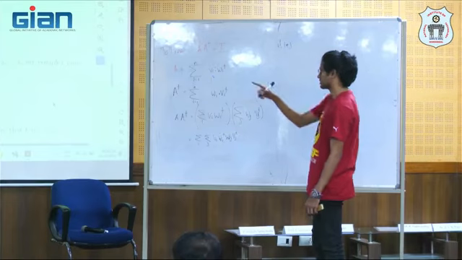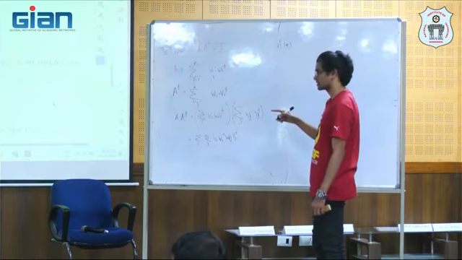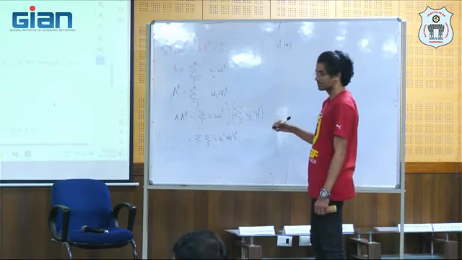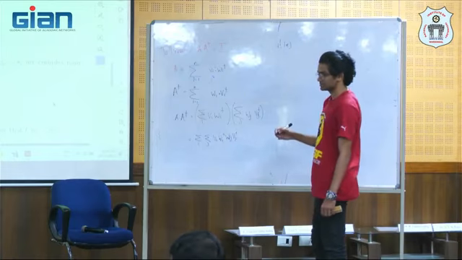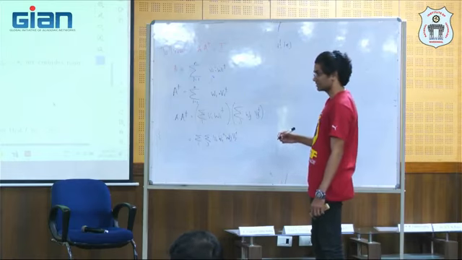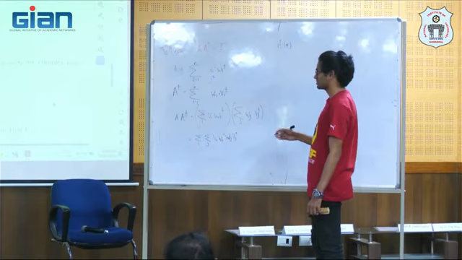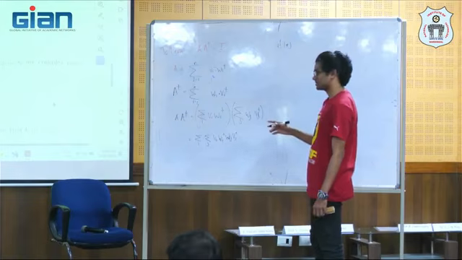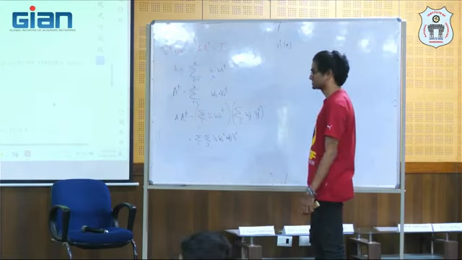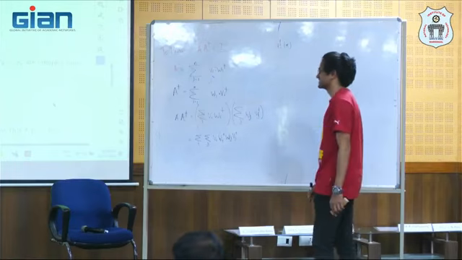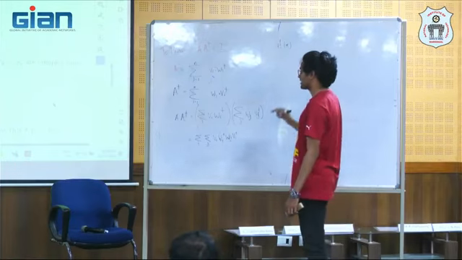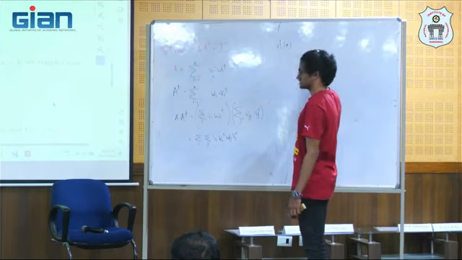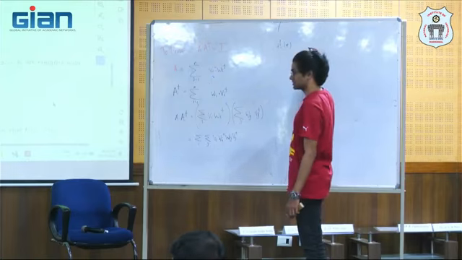When? Are you taking i equal to j or i not equal to j? Don't jump the step. You jump the step, again confusion. Which case are you taking? Why is it 0?